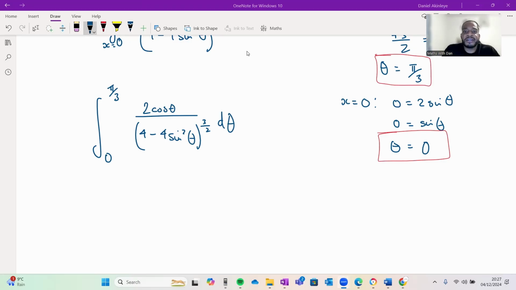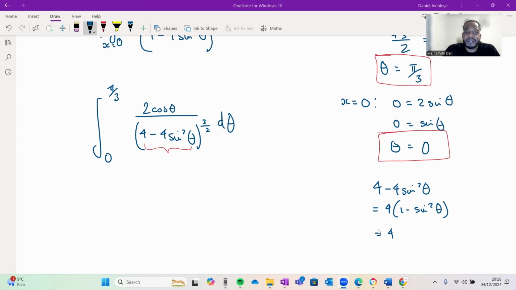When I look at this here, I've got 4 minus 4 sine squared theta. What I notice is that I can take out a 4 and then I get 1 minus sine squared theta. Somebody remind me, what is 1 minus sine squared?